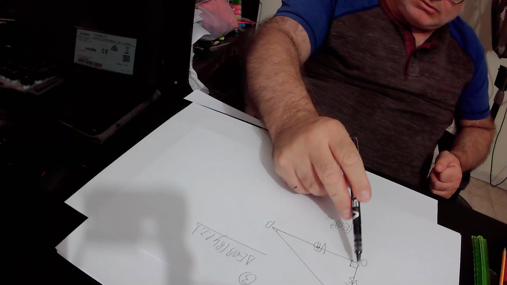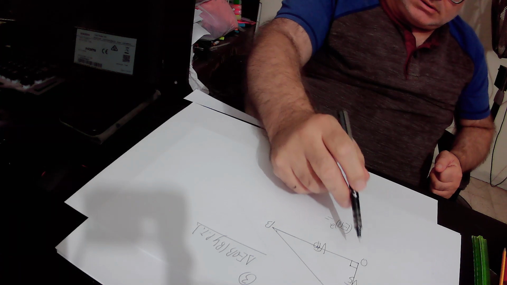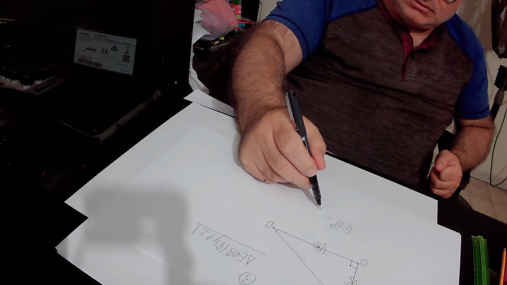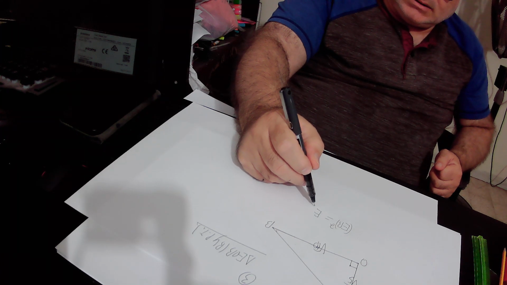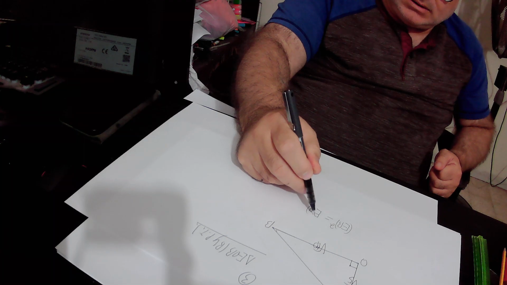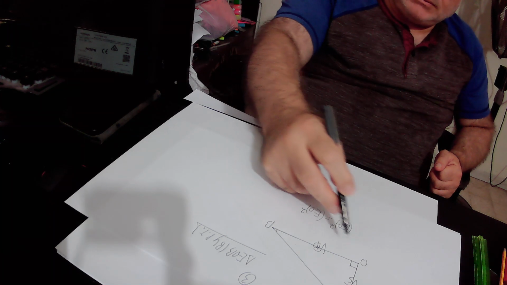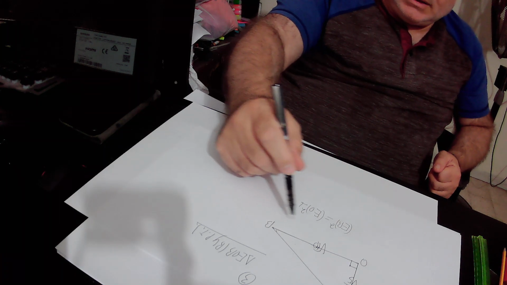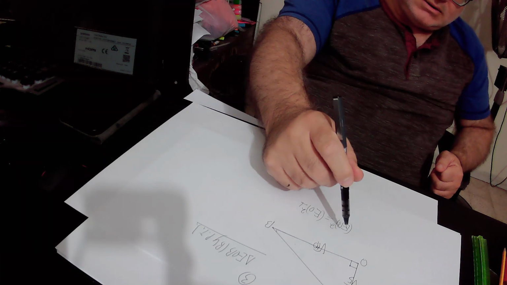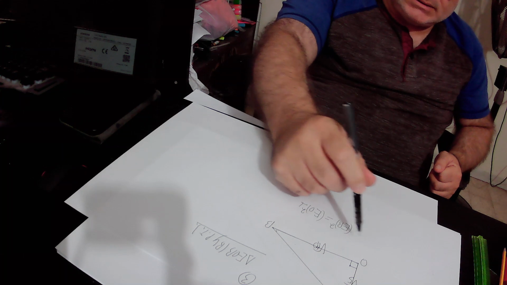Here EO is perpendicular, so we have EO squared, plus OB is perpendicular, so OB squared.